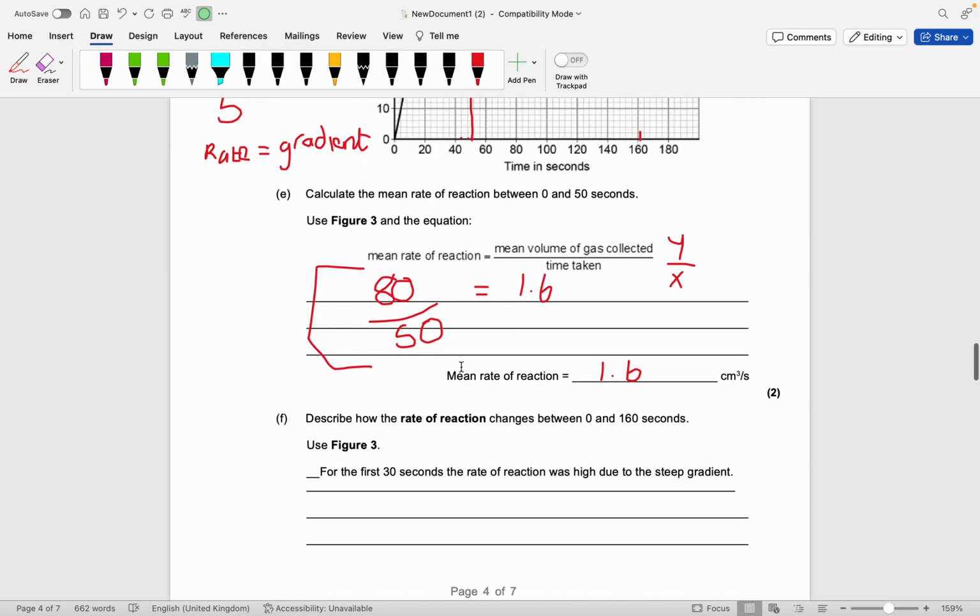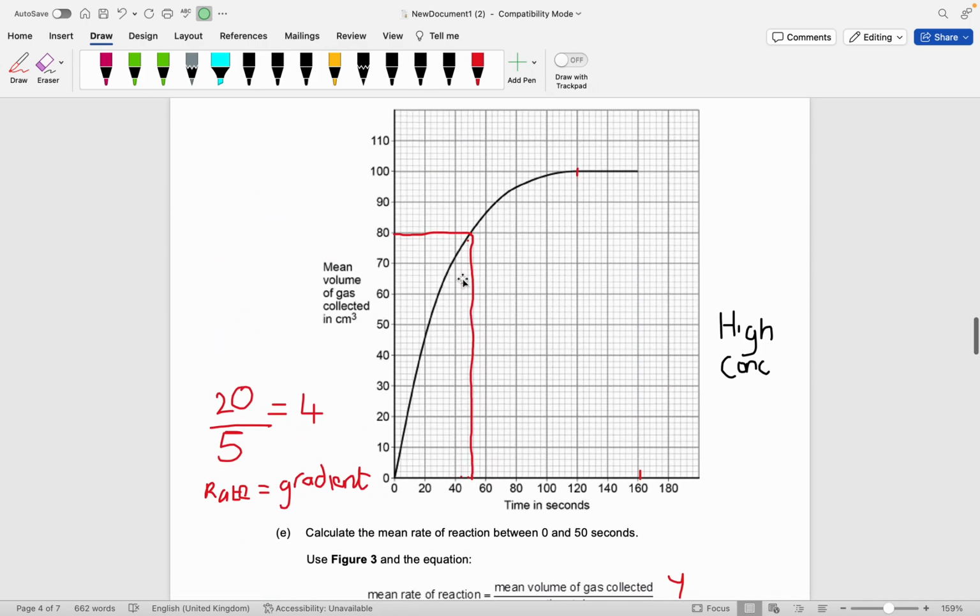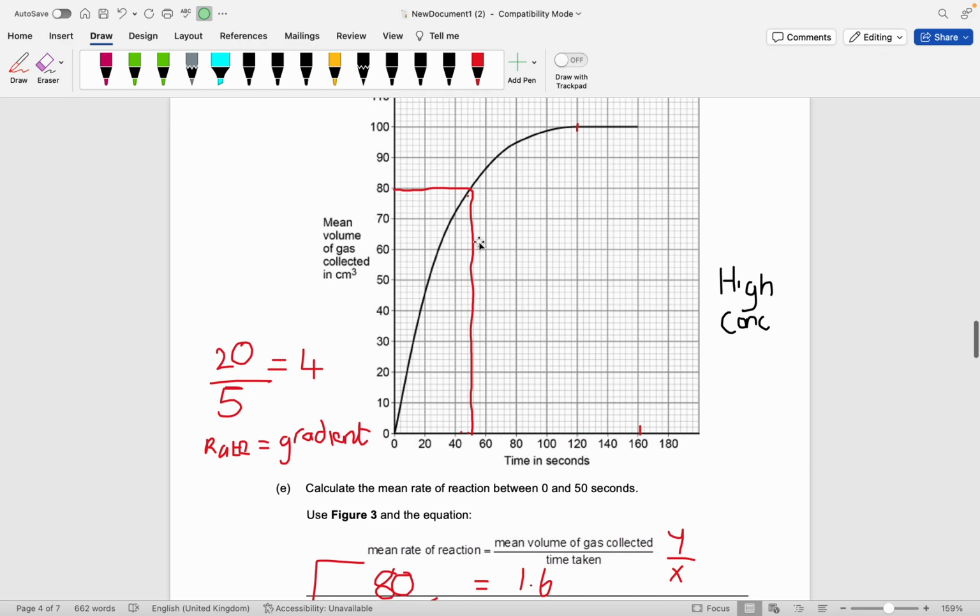Then we're going to say, so let's have a little look. So here, if we look here, after 30 seconds we can see that line's really starting to, the gradient starting to get less.